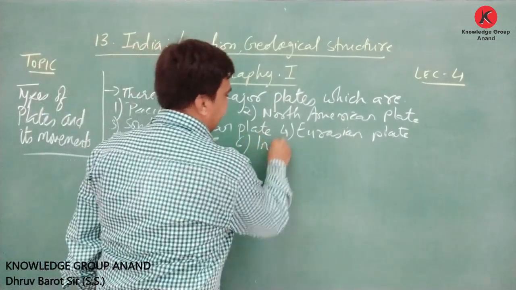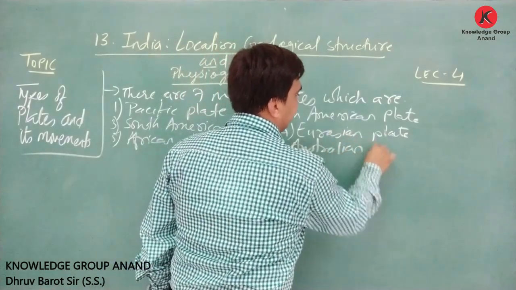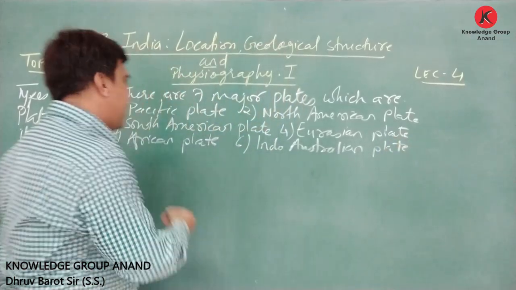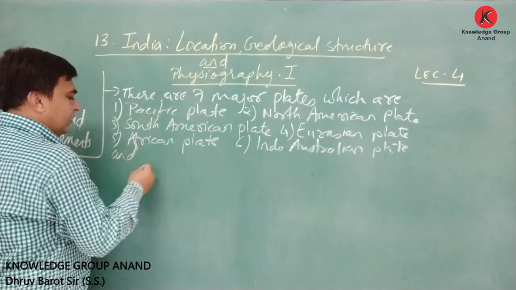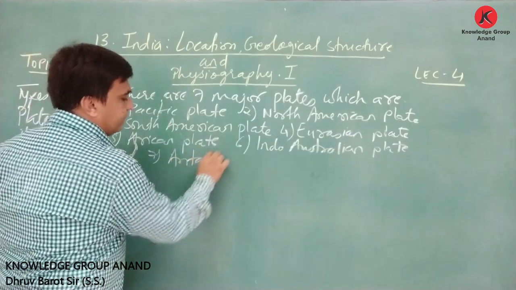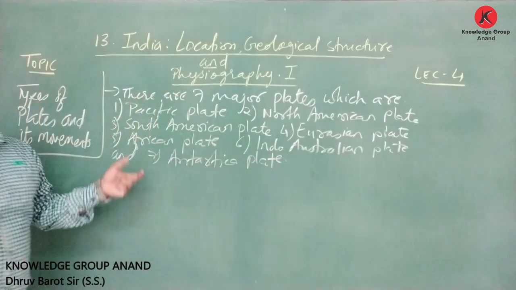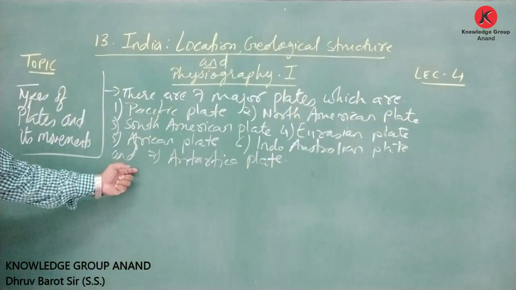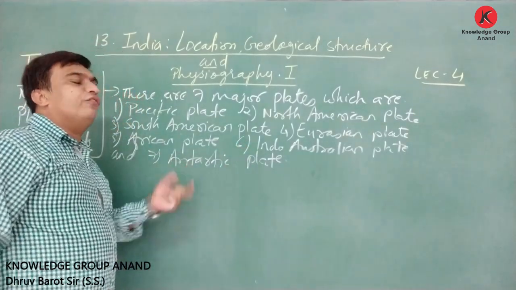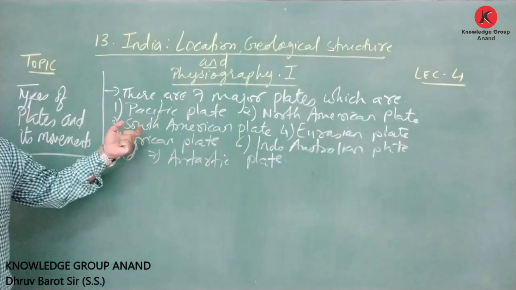Sixth is the Indo-Australian plate. And the last one, the 7th, is the Antarctic plate. So friends, this is the information about the different major plates that we can find.